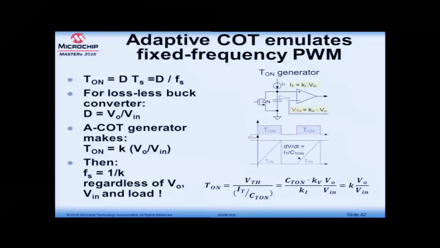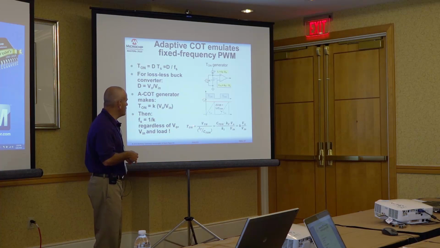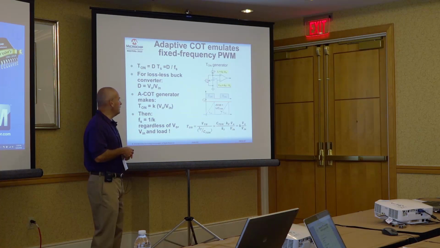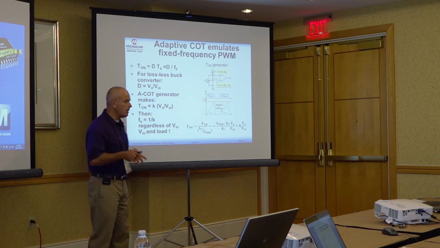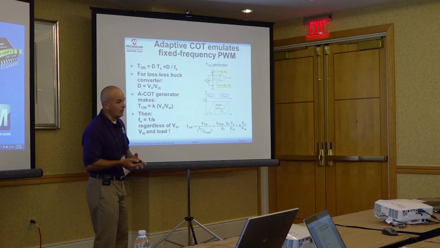In the case of an ideal on-time generator that makes the on-time rigorously proportional to the output voltage over the input voltage, then we can combine the two equations and conclude that our frequency will not change over line and load or output voltage.